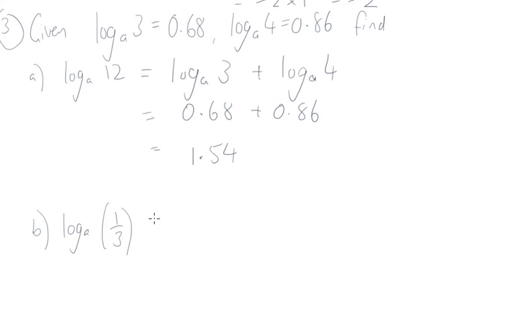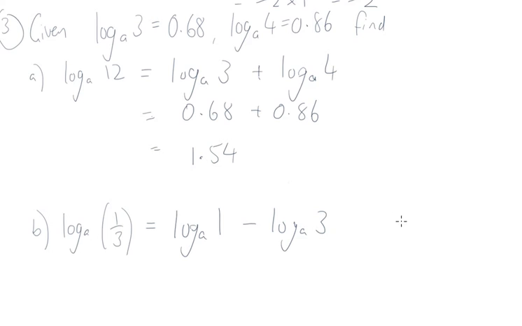Log base a of 1 should be ringing identity law bells in your head. So I'm going to express this as log base a of 1 minus log base a of 3, because that's my division law.